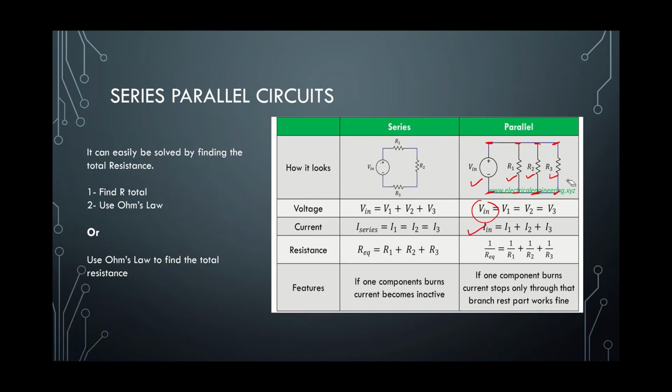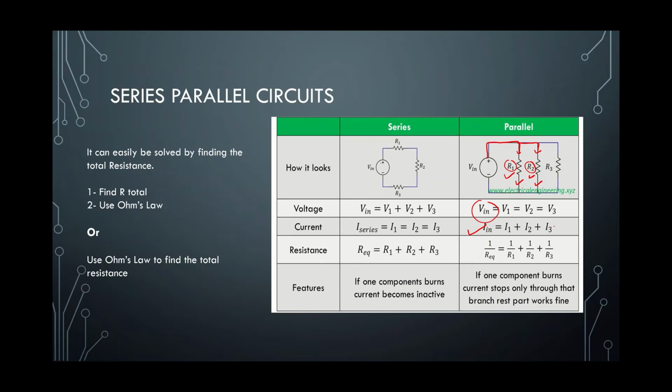But how about the current? The current will be different. Why? Because sometimes this branch has much more resistance than this branch. So if the amount of resistance here is larger than this one, the current will flow and come here with less amount than here, because the total resistance here is larger than this one.